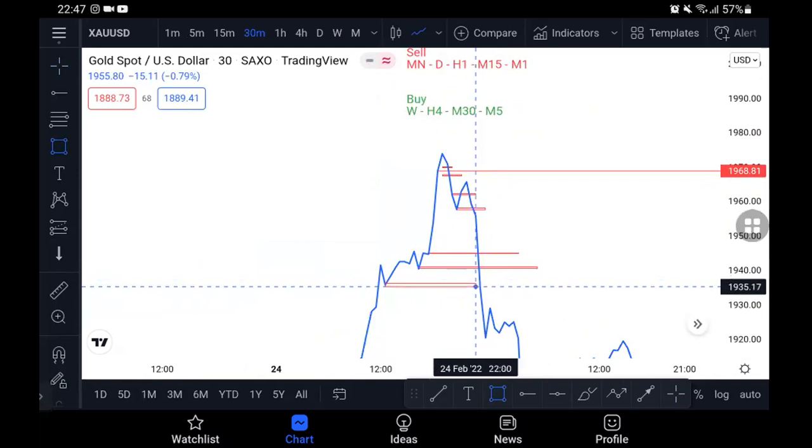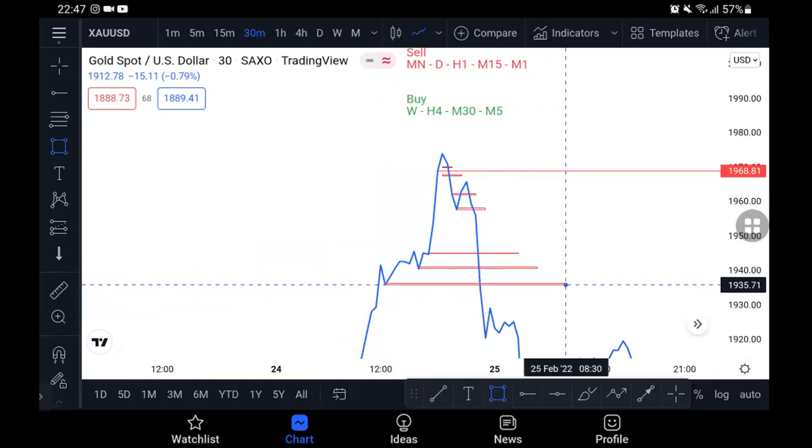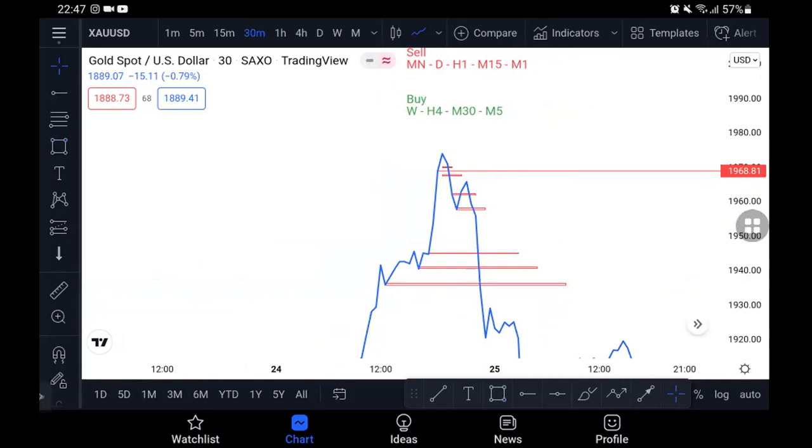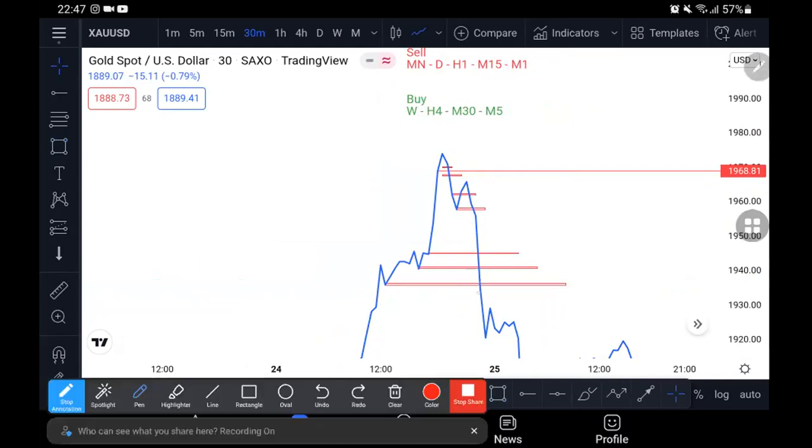The first re-entry you will be expecting at the nearest first, which is where the current price is over here, so you are expecting it to happen here. If it happens here, we can take it here. If not, put it here. Just wait for the key level and know what to expect after entry.